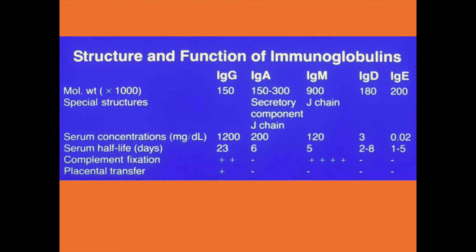That's by far and away the most. The half-life, IgG hangs around for about 23 days. The ability to fix complement, which we'll talk about in a little while: the one that's best at that is IgM, which we said earlier. IgG is okay. Those are the only two that can fix complement. And IgG is the only one that can cross the placenta.